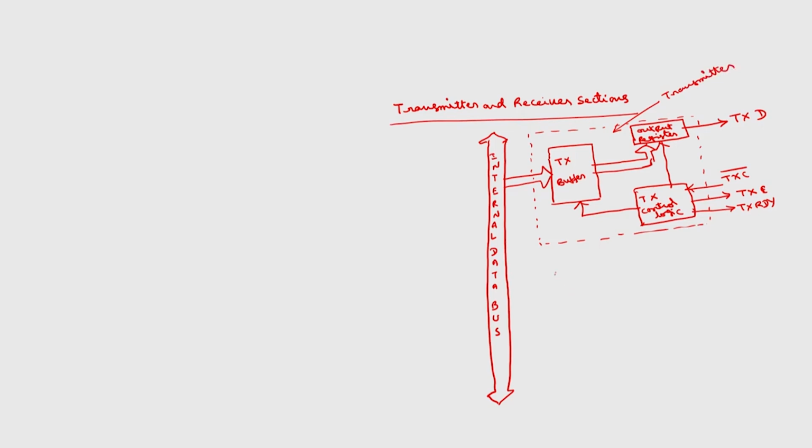Similarly, in the receiver section we have one serial to parallel converter. The data that comes in enters the input register. In case of the transmitter we have an output register, whereas in the receiver we have an input register.